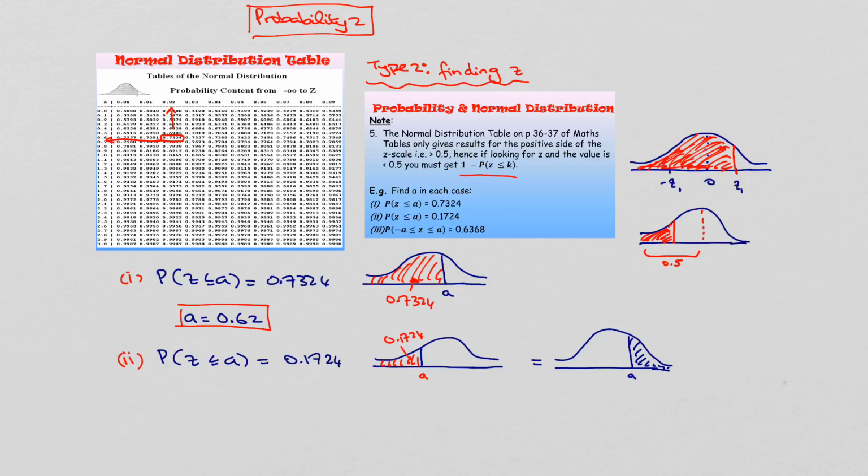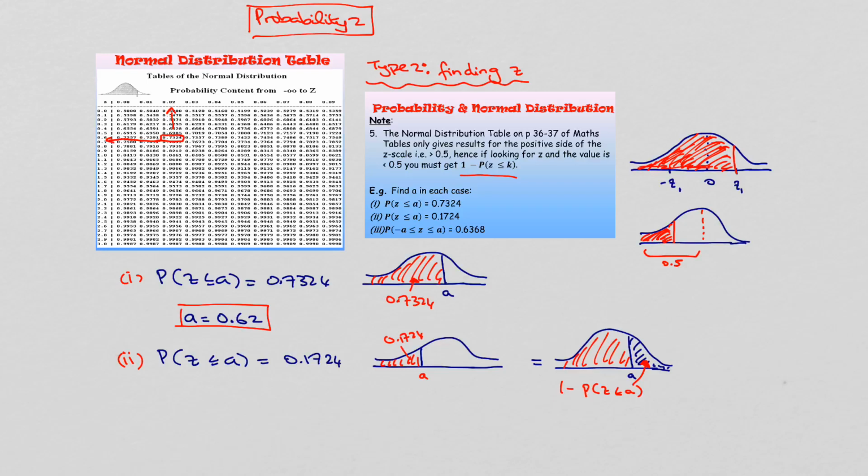And of course, then if I take 1 away from all of this red bit, so 1 minus the probability that z is less than or equal to a, well then that will give me the blue region, which is equal to the red region.